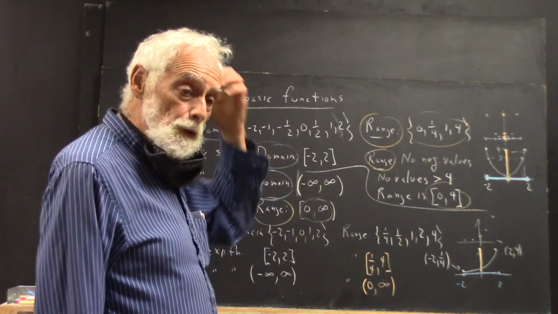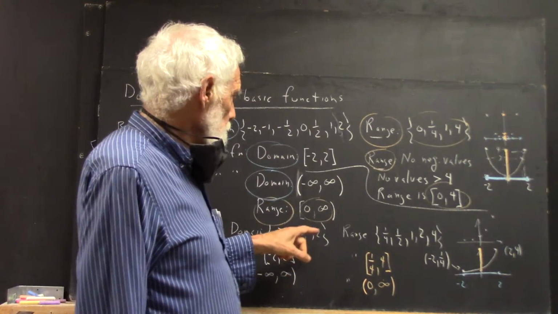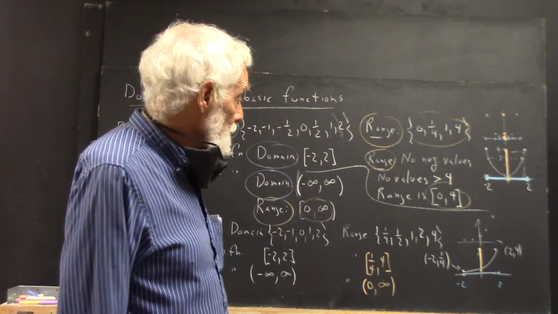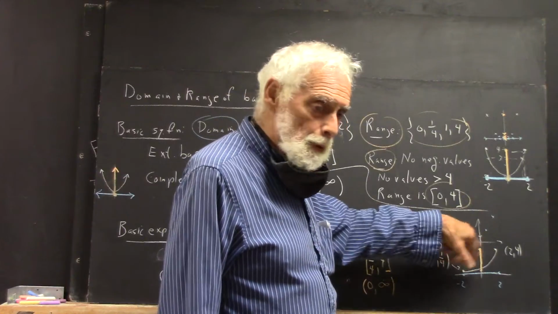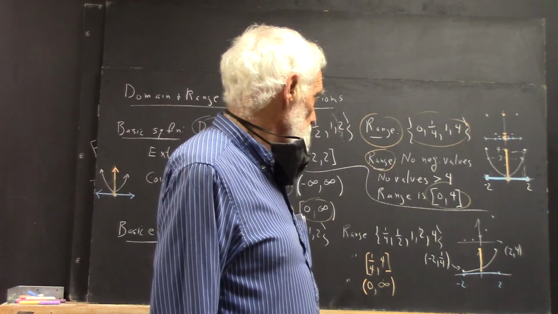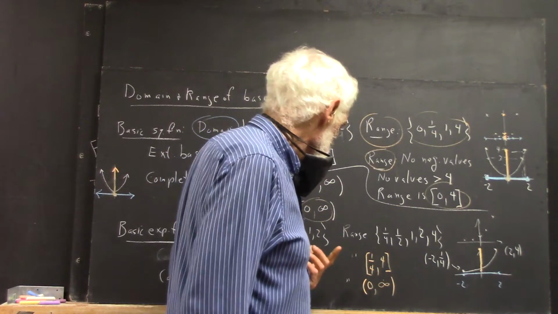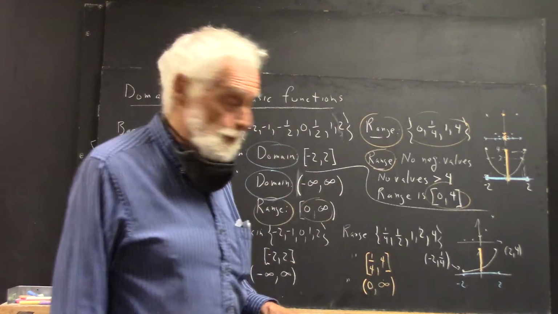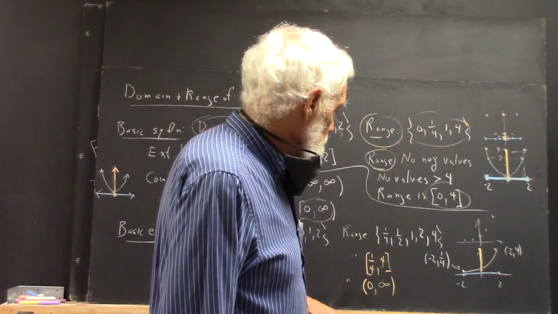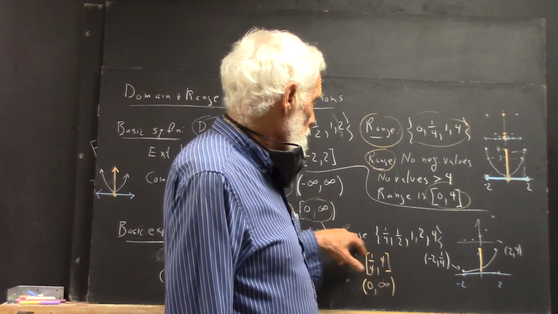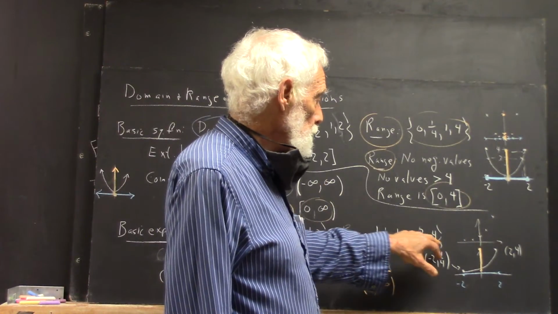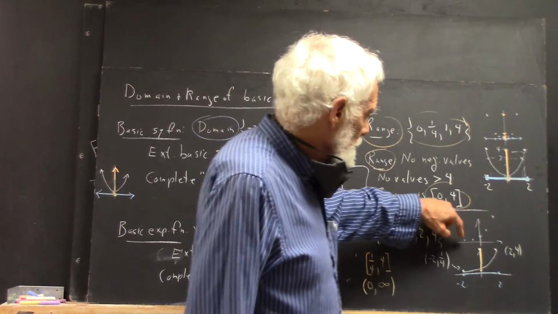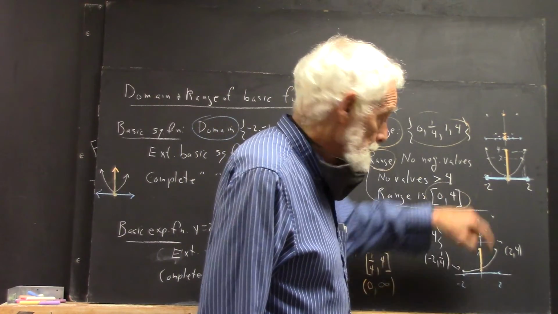Anyhow, 2 to the 0 is 1, 2 to the 1 is 2, 2 to the second is 4. Okay, except for 2 to the 0 equals 1, everybody's probably good with all that. And I don't have time to digress and explain why 2 to the 0 has to be 1. So just accept it. Okay, so the range is all the y values, 1/4, 1/2, 1, 2, and 4. The graph looks like this.